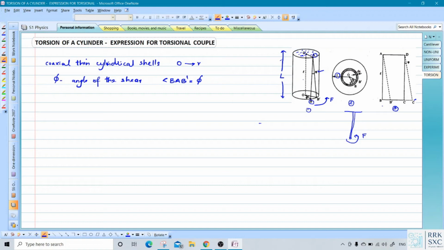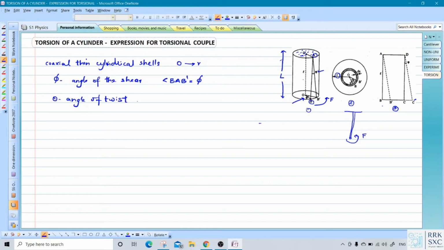Now you have one more angle theta that is towards the base. You can see theta at this point. So what is theta? Theta is the angle of twist. So here you have two angles.